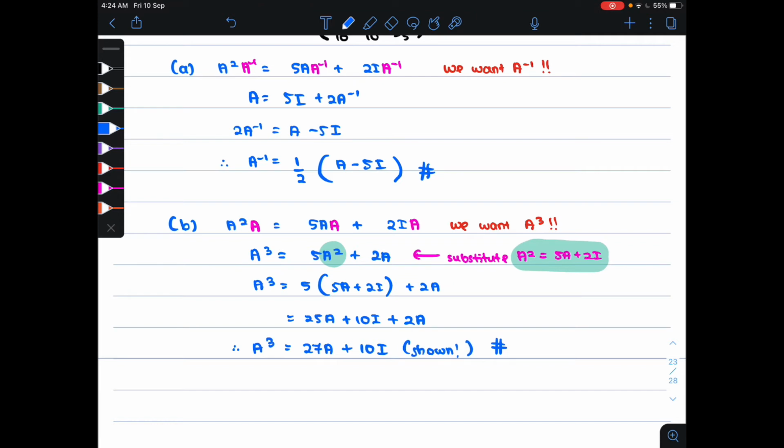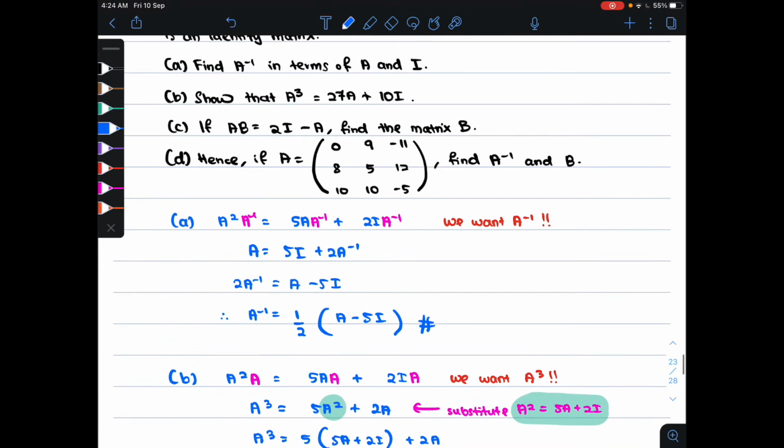Therefore, A cubed is 27A plus 10I, which is the same as the one in the question. For part C, if AB is equal to 2I minus A, we need to find matrix B.